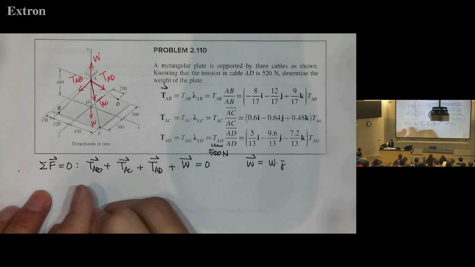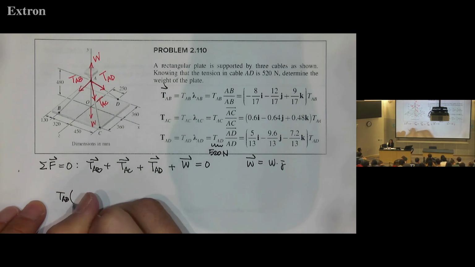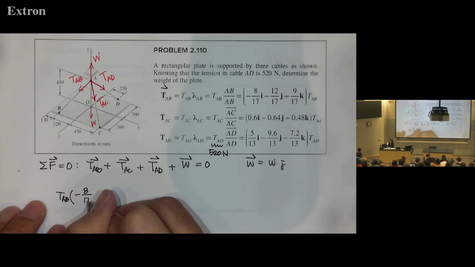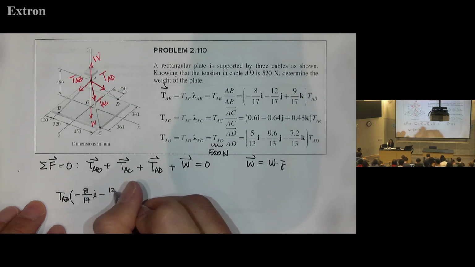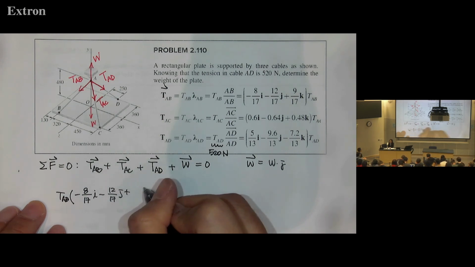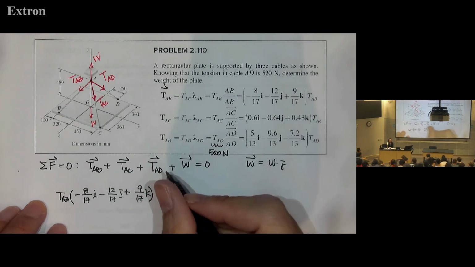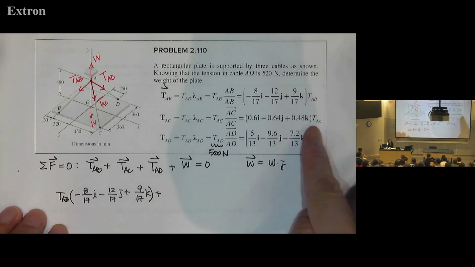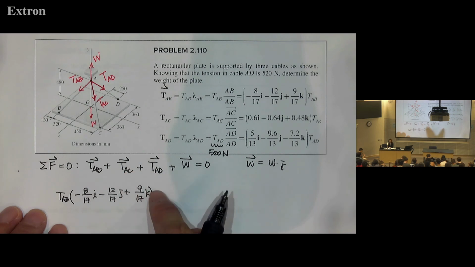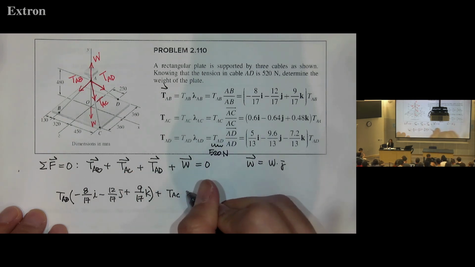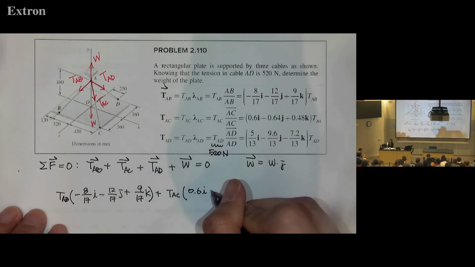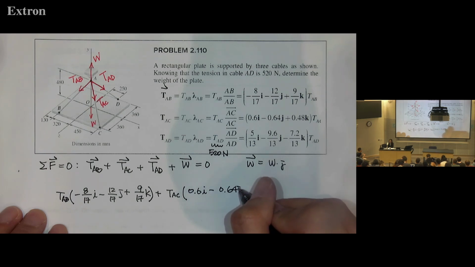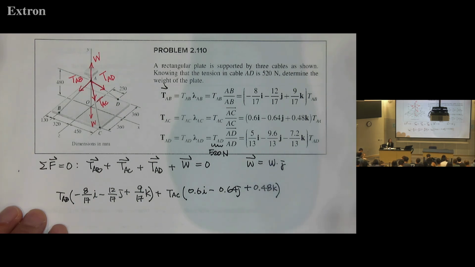So first one, TAB minus 8 over 17I minus 12 over 17J. So I'm just copying 9 over 17K. Okay. And second one is TAC. So I'm copying this one here, the second. So TAC times 0.6I minus 0.64J plus 0.48K. Okay, follow me, right?